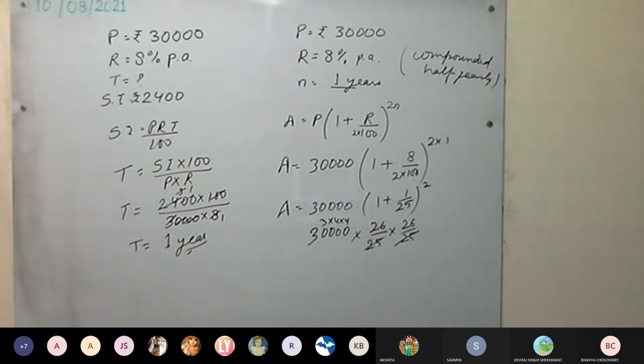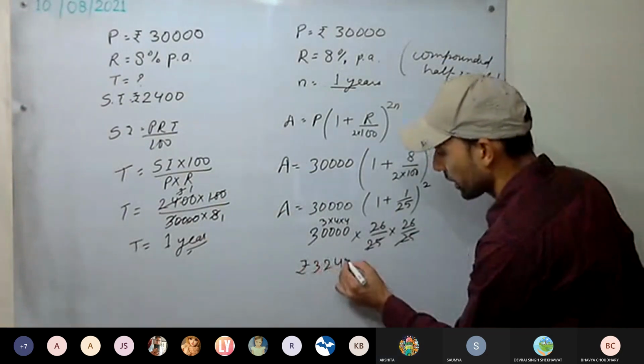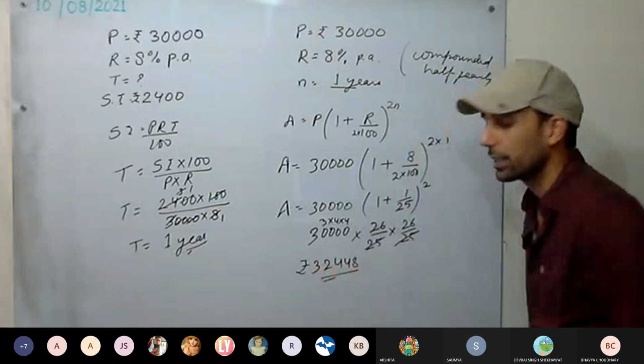Will you get this one? Okay. See how much you are getting. 32,448 rupees. 32,448. This is the amount.